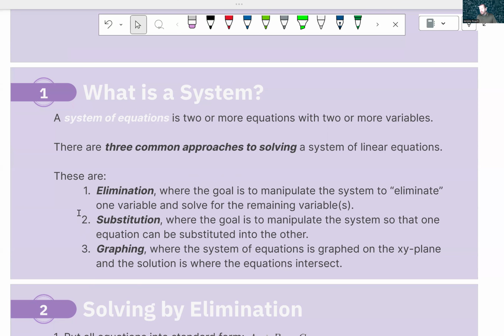So with elimination, we write both of our equations out, and then we try to multiply one of those equations so that we can cancel out either the x's or the y's from both equations.